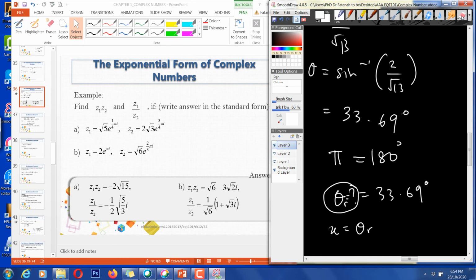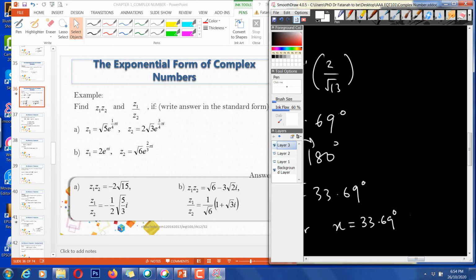So what should we do here? We multiply this and divide by 180. So x equals 33.69 degrees times pi over 180. You can replace pi as 22 over 7, 33.69 divided by 180, or you can just leave the pi.